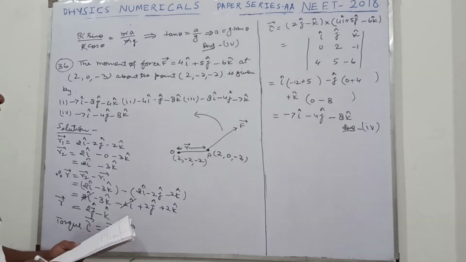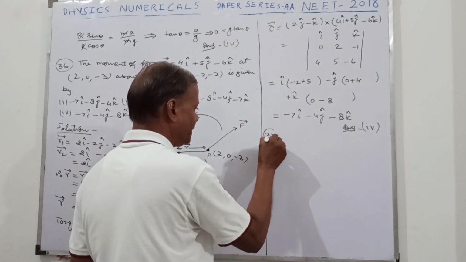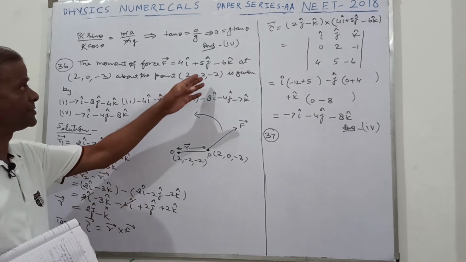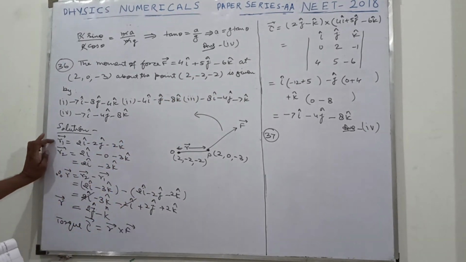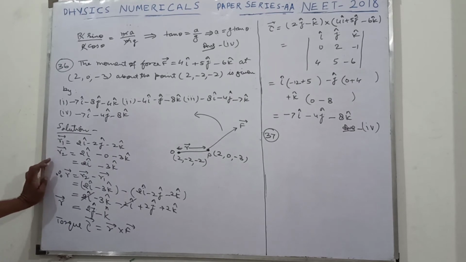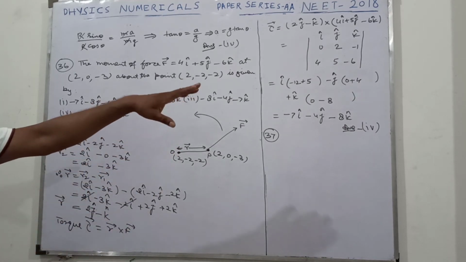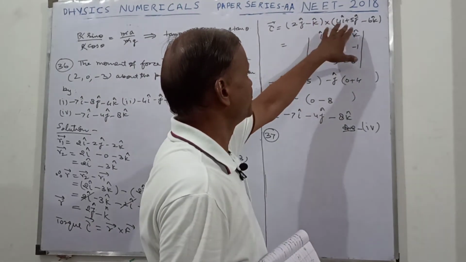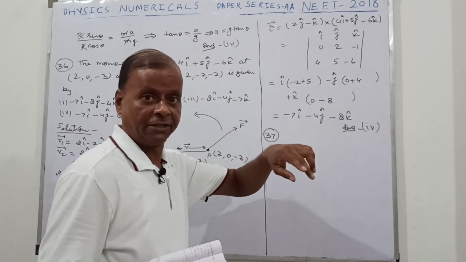Now question number 37. To understand this question, you are given the points, and for these points you first find the position vectors R1 and R2, then R equals R2 minus R1, and then find the torque R cross F. Either you multiply each of these elements with the other one, or you find it by the method of determinant.